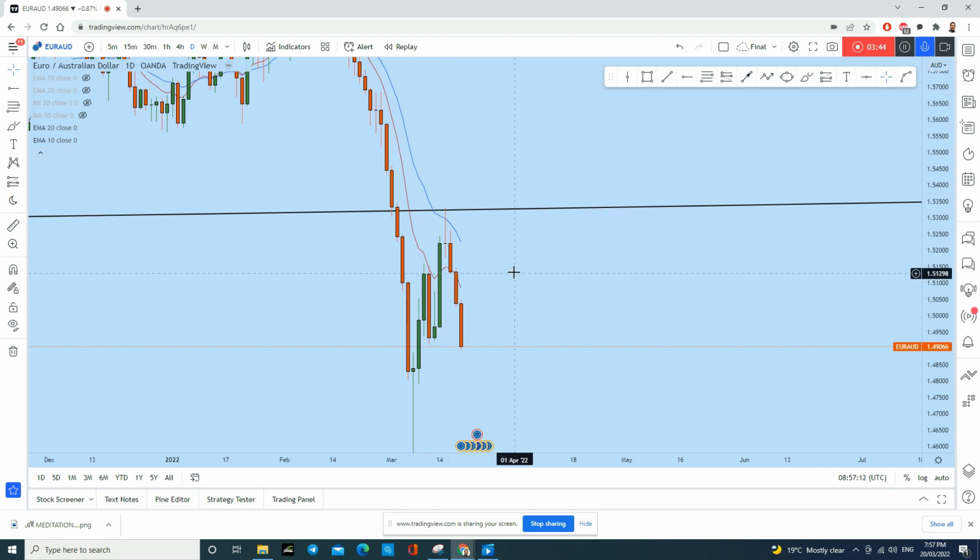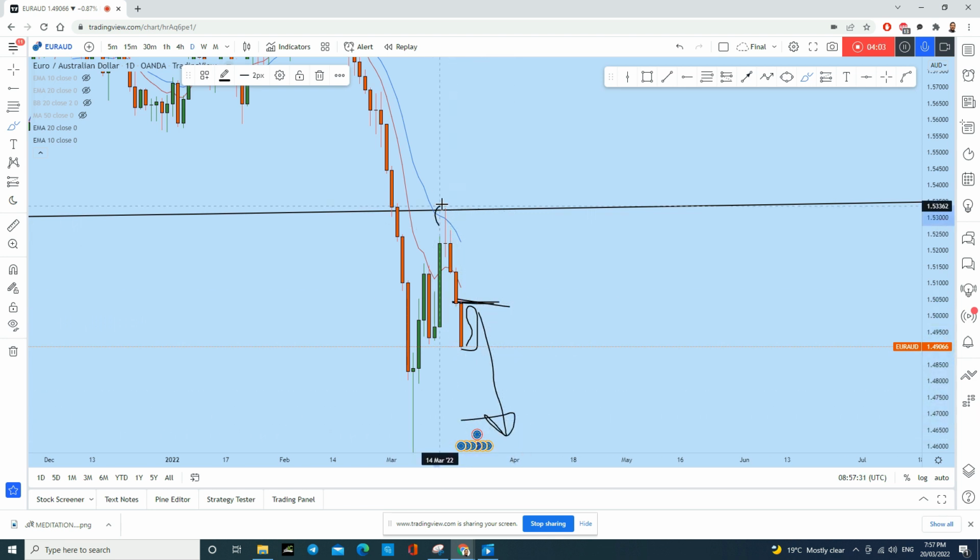Now we see another red move, and there are two possibilities. One is to create another green candle here, something like a lower high, maybe around this zone lower than this daily candle, and then drop. So it will create basically an inverted, pardon me, head and shoulders.